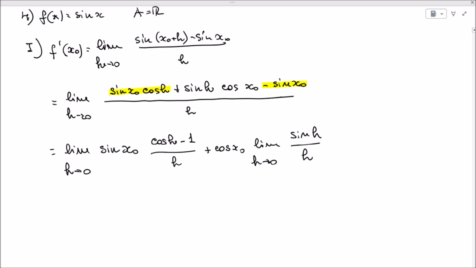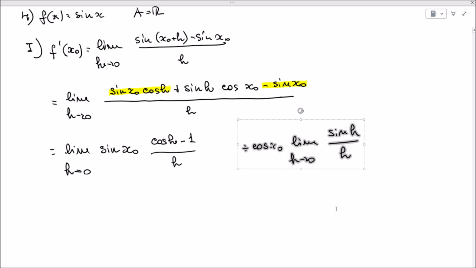And now applying what we know about the fundamental limits, we recognize that for cosine of h minus 1, we basically need an h at the denominator to find some of the fundamental limits.